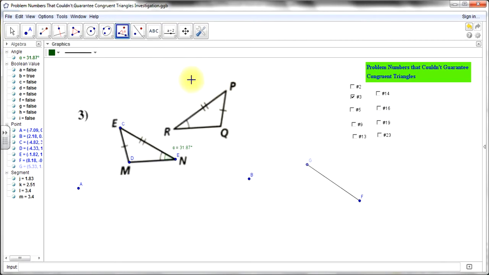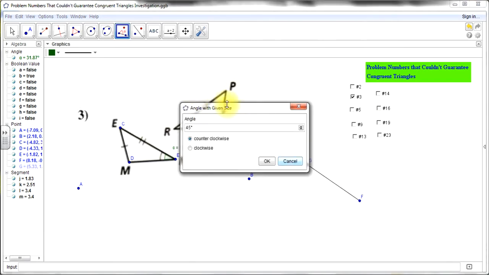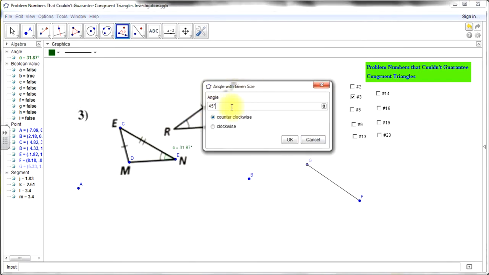Okay. Now what I need to do is I need to tell GeoGebra what the first side of my angle is, and it's going to be this side here. Just like I did with my angle tool, I need to click on my vertex second. So what that means is I'm going to click on G first, then F to tell GeoGebra that F is my vertex. Now it's going to ask me what size you want to make your angle.